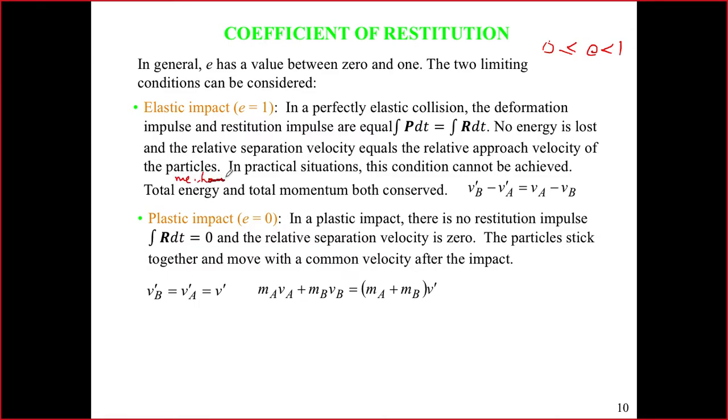Whereas for the plastic impact, when e equals 0, the two particles stick together and travel together after the impact. This case has the maximum loss of mechanical energy, and only the momentum is conserved, not the mechanical energy.